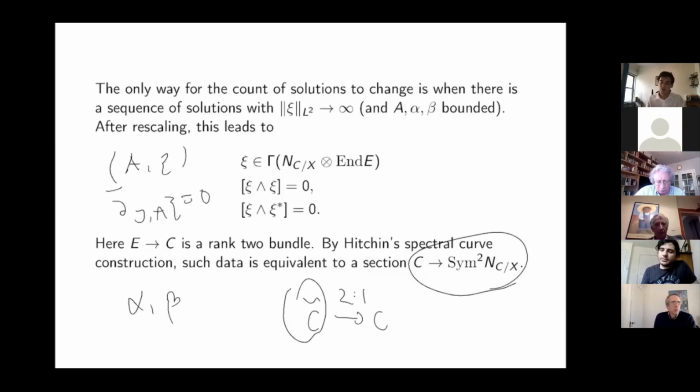And then you can think about that maybe in your line of work as categorification of PT invariants. Yes. I see.